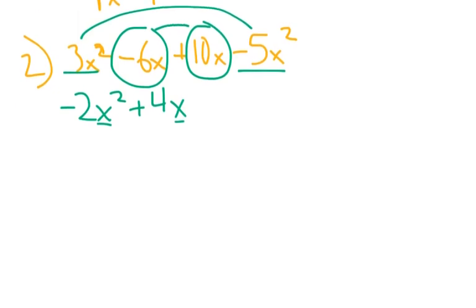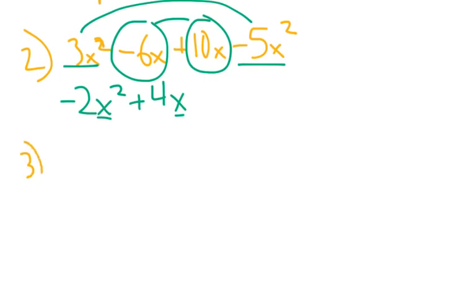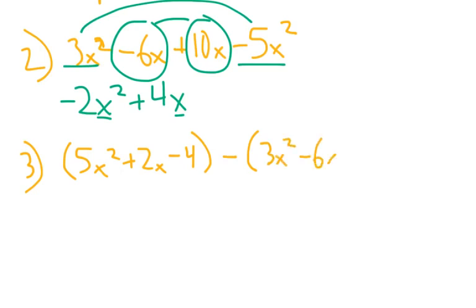Now, to make things even a little more complicated, you may get trinomials. Sometimes they're given in parentheses, which makes it kind of nice. Let's say we have 5x squared plus 2x minus 4, minus 3x squared minus 6x plus 4. Now, we have to be careful with this minus sign right here.